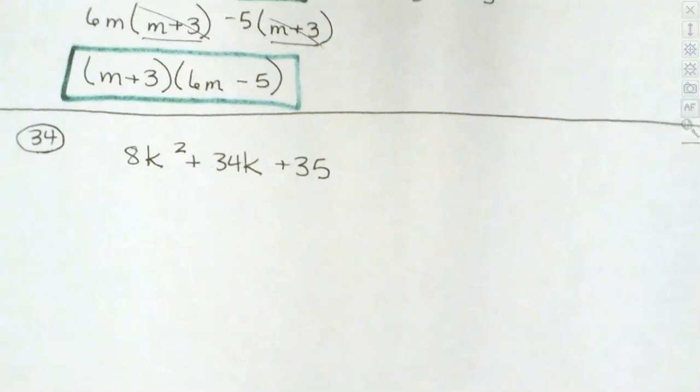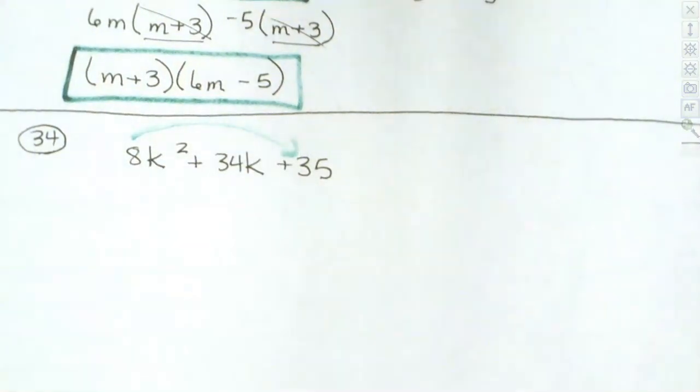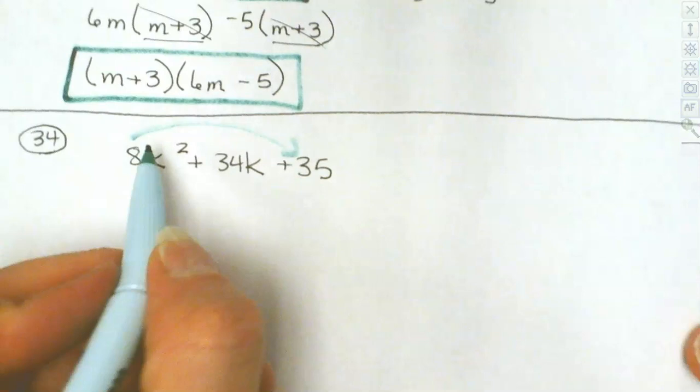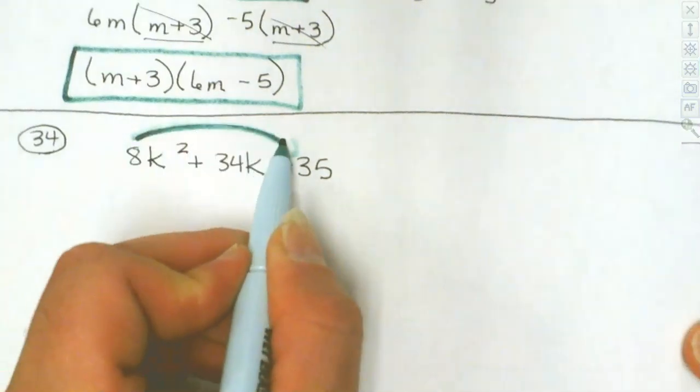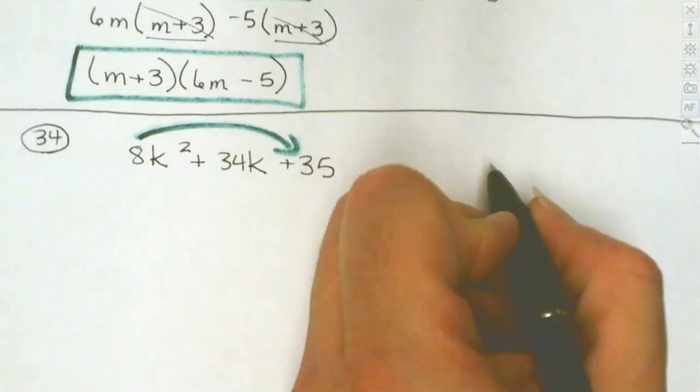Now, what do we do? We take the first number times the last number, and we put it in the box. So 8 times 35. We'll need a calculator here. 8 times 35 is 280.